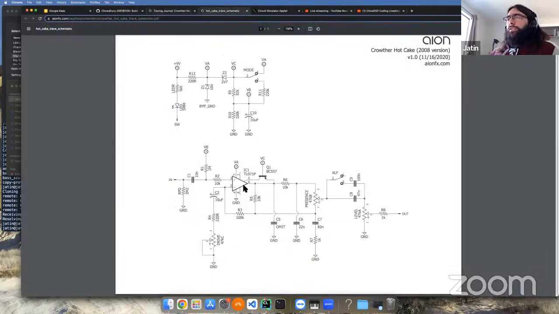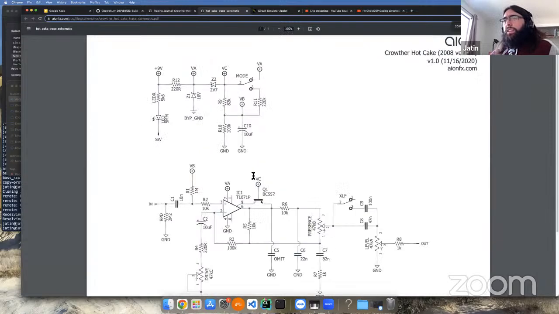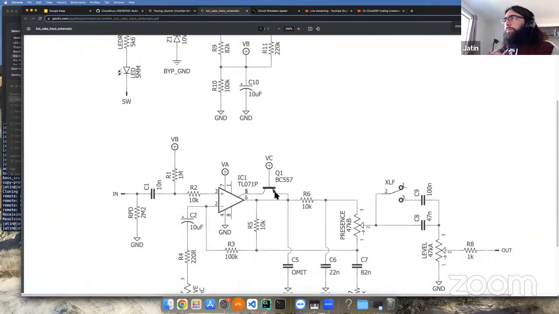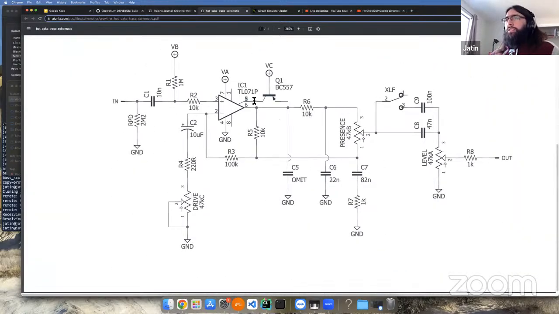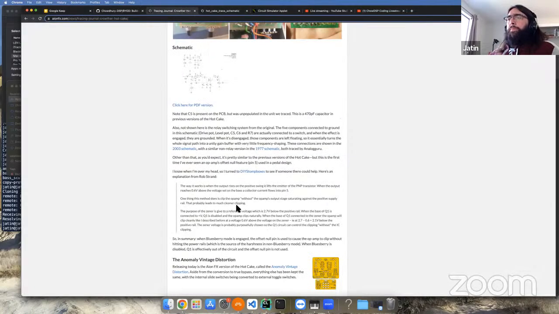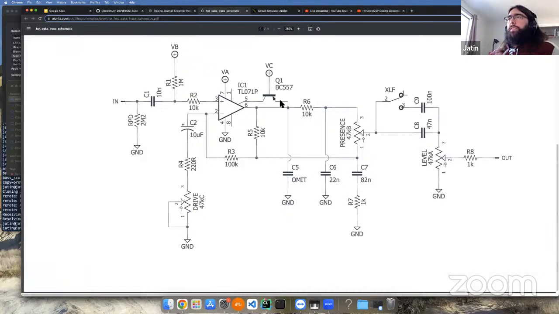And so the idea here seems to be that this pin 5 in the op amp is what they call the null offset pin. I'm not 100% sure what that stands for or what that means exactly. But according to this fellow and some of the conversations that he's had, it softens the clipping.